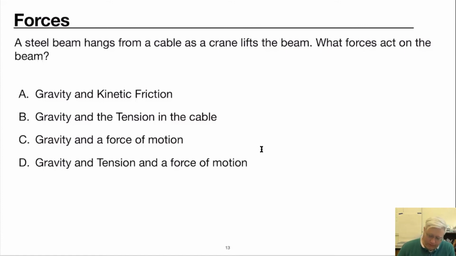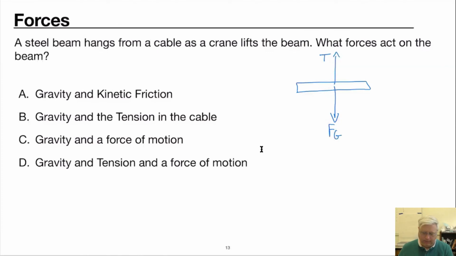Okay, so I'll just draw a little beam here. This is the beam, and we know that gravity is going to act on it. Okay, and the crane's lifting it with a cable. Okay, so there's some tension in the cable.